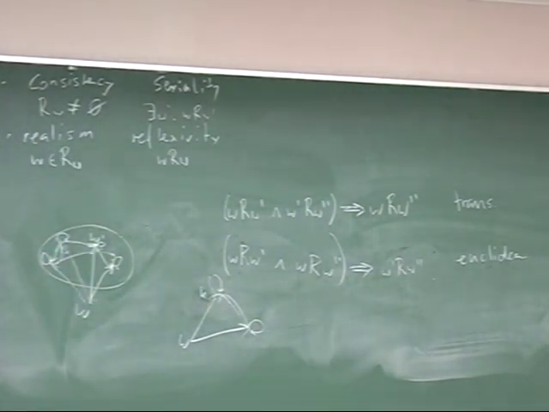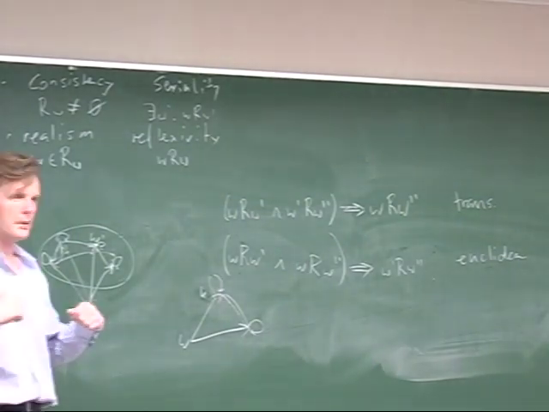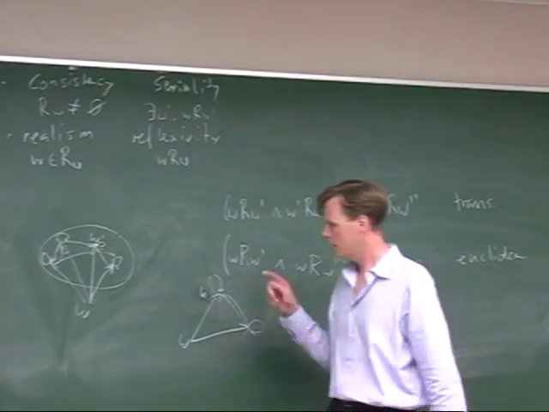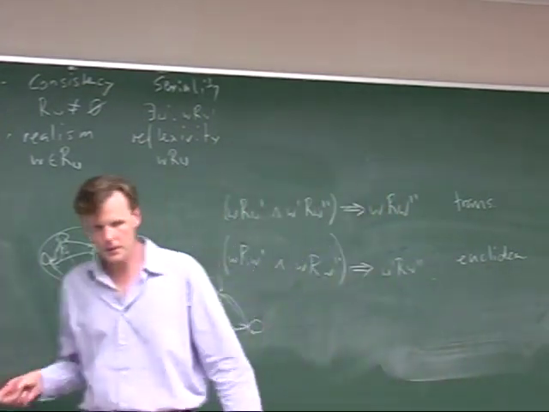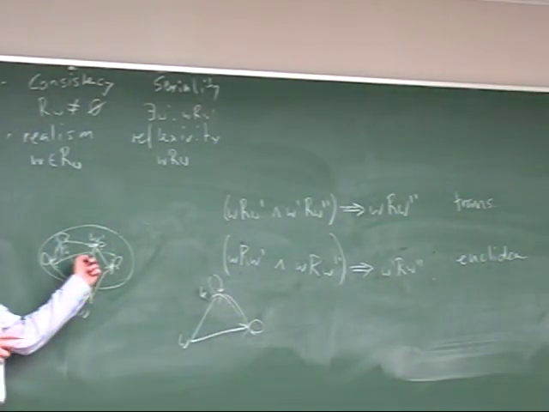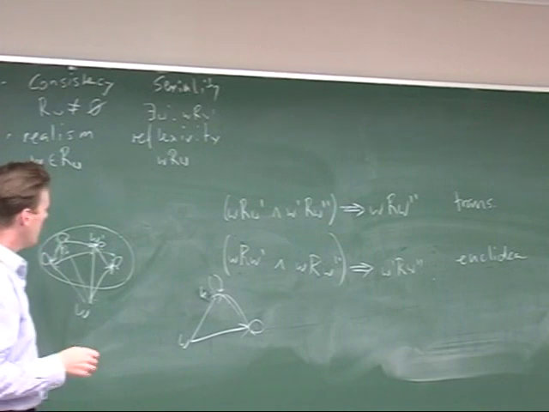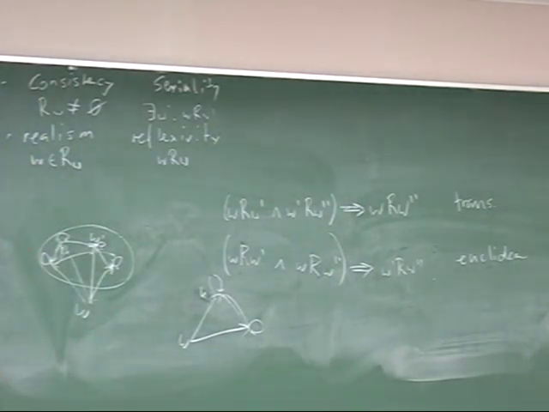That is, you don't have any uncertainty about your own beliefs. You know what you believe. Your beliefs may be false. Serial, transitive, and Euclidean does not require that w is itself in the modal base. It doesn't say reflexive, doesn't entail that. But it has all these other nice properties.